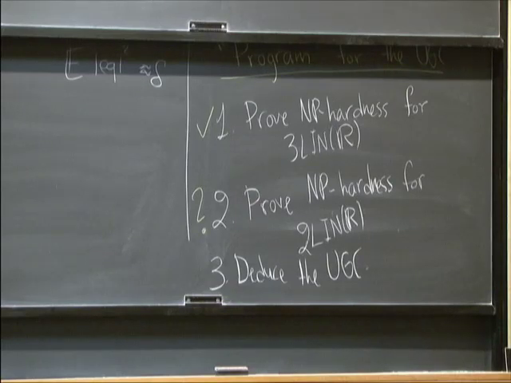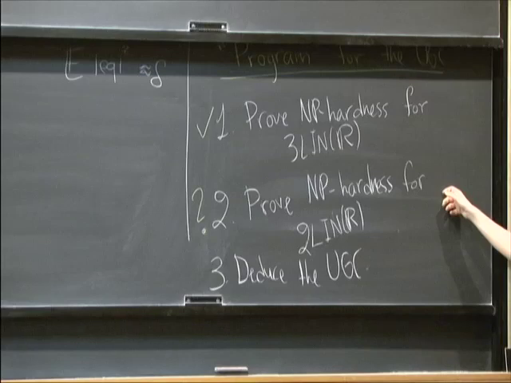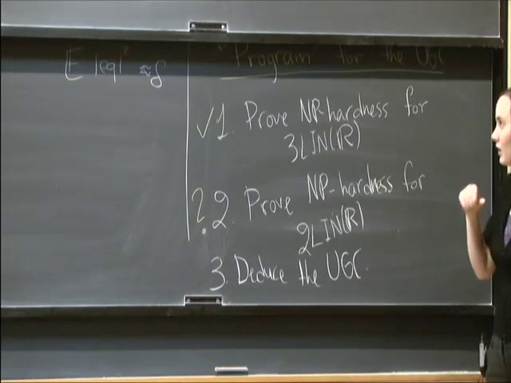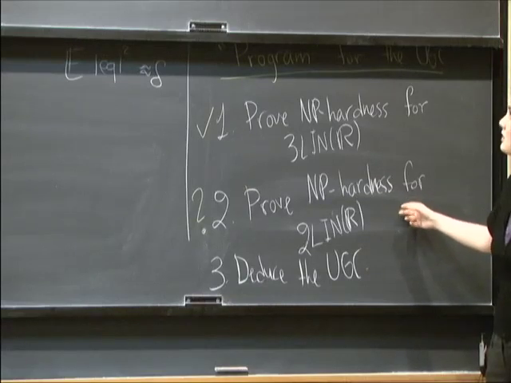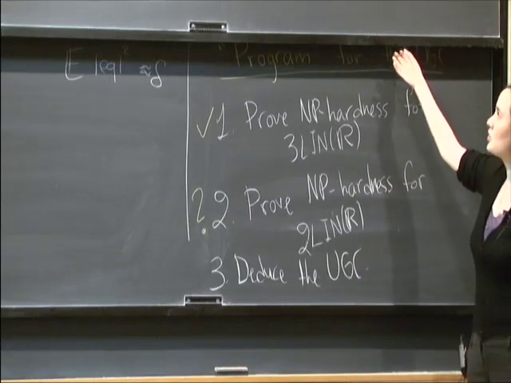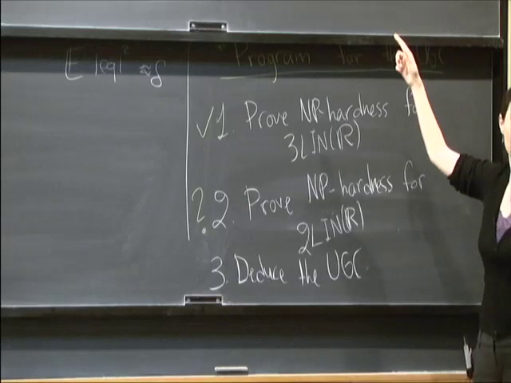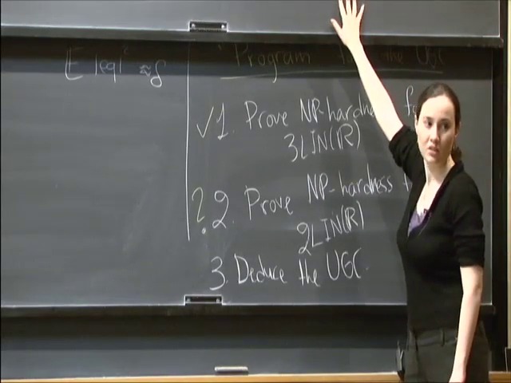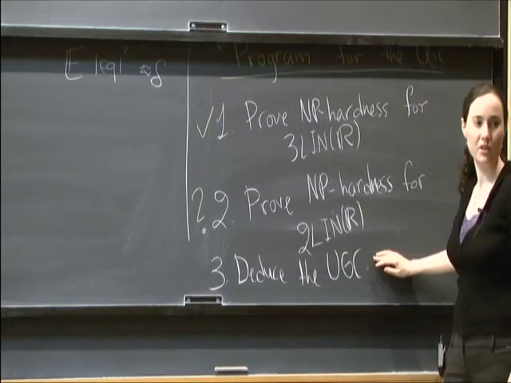What we do have is that if we manage to get such a result for 2-lin with a constant soundness, then we do get the full unique games conjecture.